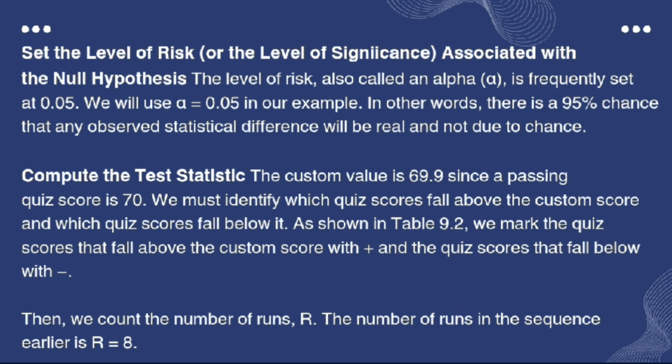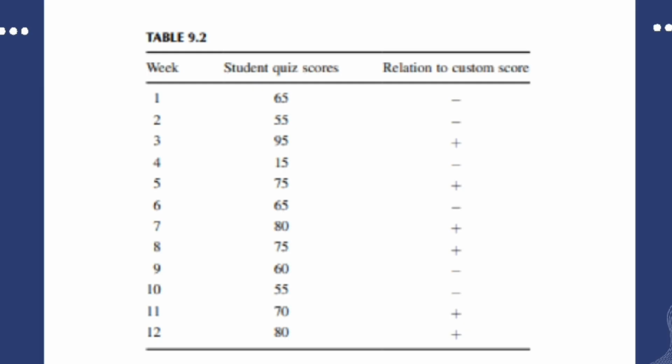So we set a custom value to easily separate the passing score from the failing score. If the score in a week is above 69.9, it means it is a passing score, so it is positive. If it is below 69.9, it means it is a failing score, so it is negative. We set a custom value to avoid having a score that cannot be classified, since there is no score exactly at 69.9. We can see this in table 9.2, where each score is shown in relation to the custom score, or sign.